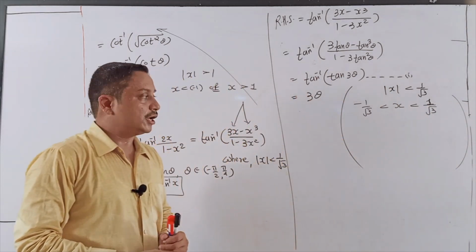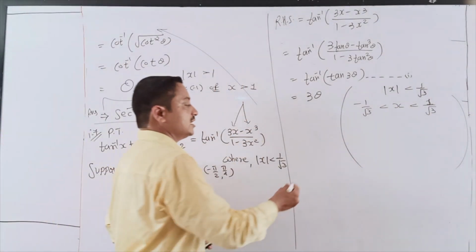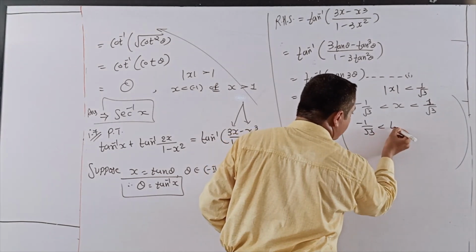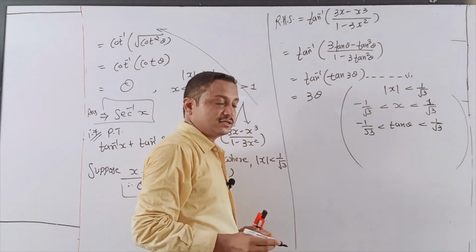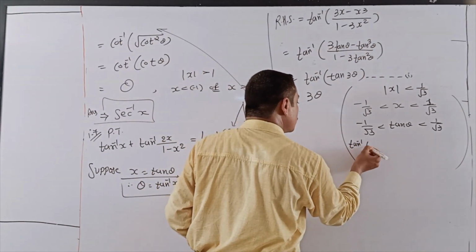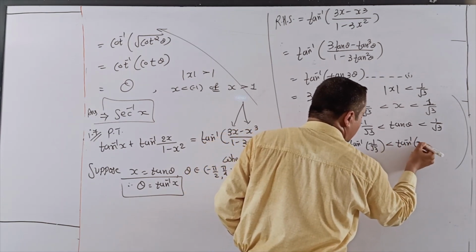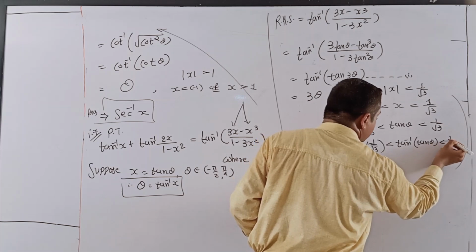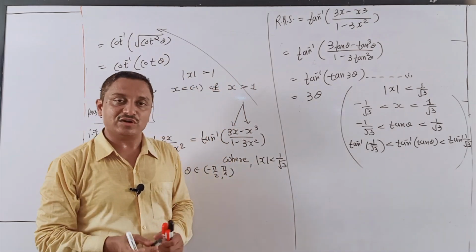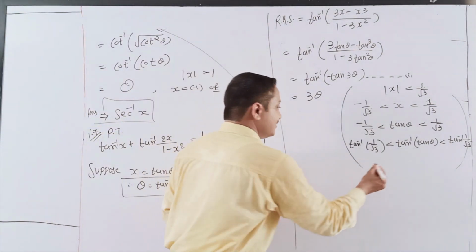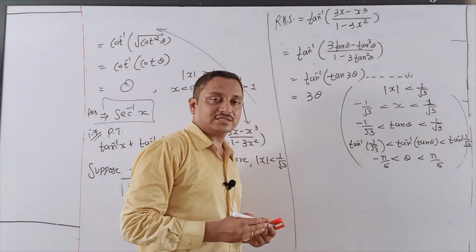Now this x, we already assumed is tan theta, so converting it into 3 theta, applying tan inverse of minus 1 by root 3 and tan inverse of 1 by root 3. Now which degree has tan 1 by root 3? Yes, it is 30 degree, pi by 6. Here minus 30 degree, minus pi by 6.